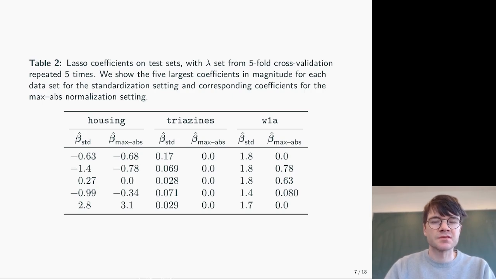And as you can see, for instance, from the triasigns example here, the two models that you get from cross-validation, if you try to pick lambda, are very different. In the triasigns case, the 5 largest coefficients that it picks aren't even selected in the maximum absolute value scheme.